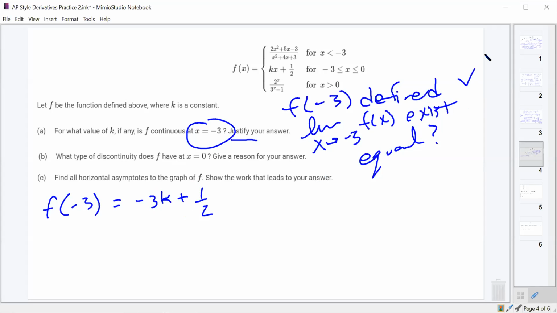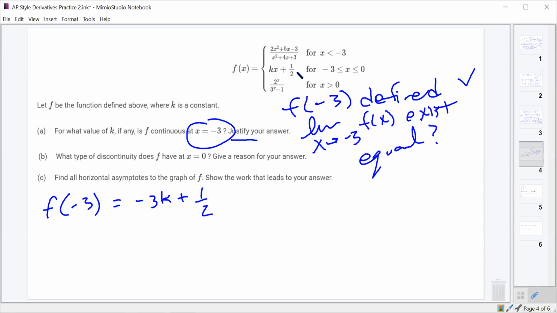What about the limit as x approaches negative 3? How are we going to determine if that exists? Plug in negative 3. So we have a break here at negative 3, with one function on one side and another on the other side.